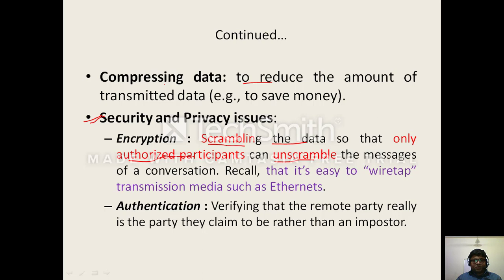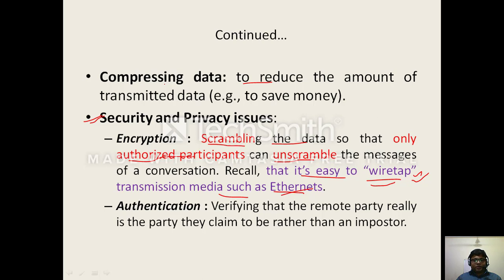Since we know well that in the case of Ethernet, in LAN, wiretapping is very easy. It's very easy to wiretap transmission media such as Ethernet. So wiretapping may cause data threats.